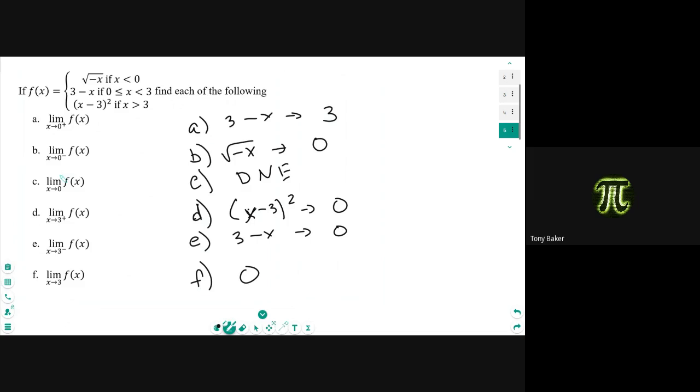So where is this function discontinuous? It's discontinuous at 0.